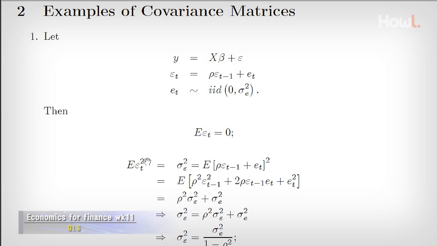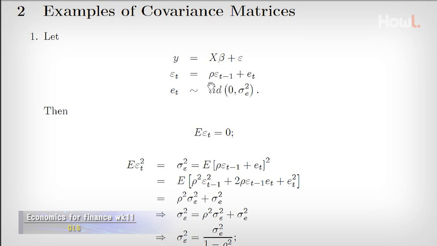And actually this one is also the variance of epsilon, so the variance of epsilon should be equal to rho squared times the variance of epsilon, plus the variance of e. Therefore, we can solve this equation such that the variance of epsilon would be the variance of e over 1 minus rho squared. By the way, this error is called e.